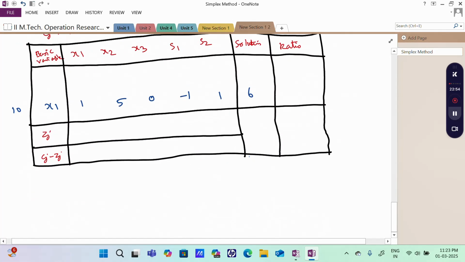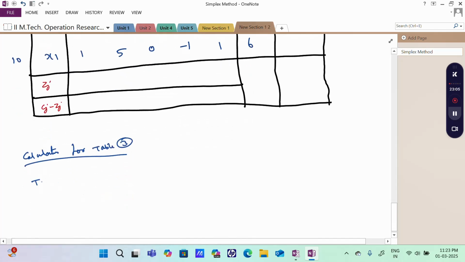Now, calculation for table 3. How to calculate? Now I am going to calculate table 3 row 1.